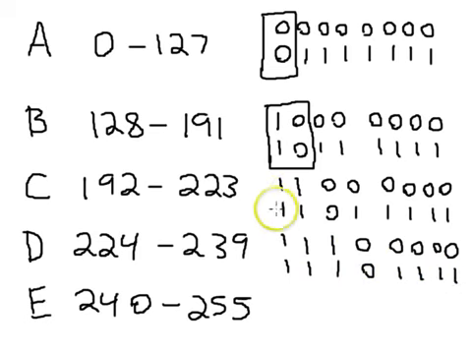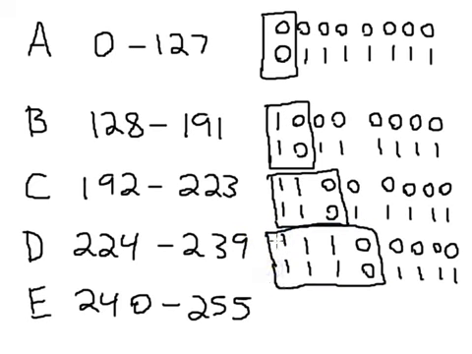So from this you can already guess the pattern. This is two 1s and a 0. This is three 1s and a 0. So we can guess that 240 is going to be four 1s in a row, and that is what it is: 1, 2, 3, 4, and zeros.